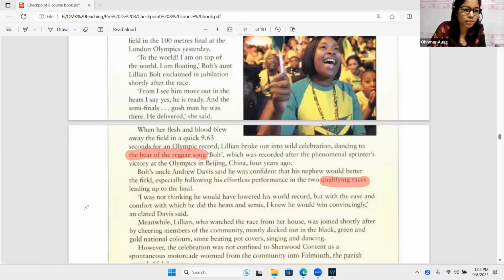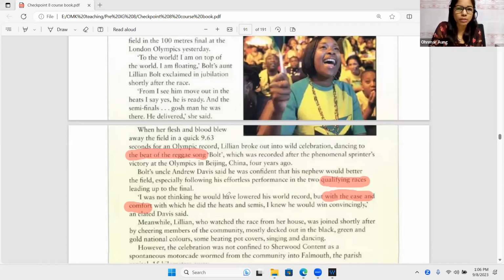Yes. Okay, go on. I was not thinking he would have lowered his world record, but with the ease and comfort with which he did the heats and semi-final, I knew he would win convincingly, and elated, David said. How to pronounce it? Convincingly. Okay, so it is about his uncle's claim.